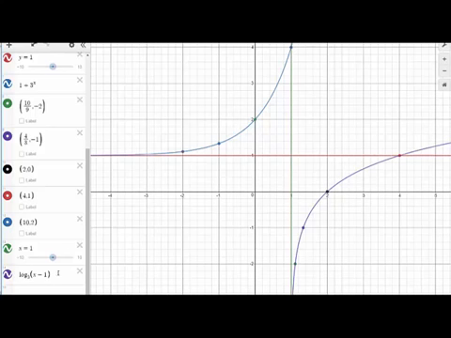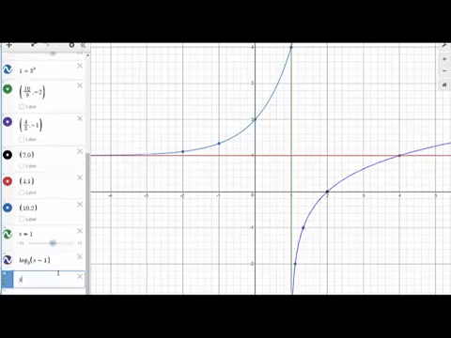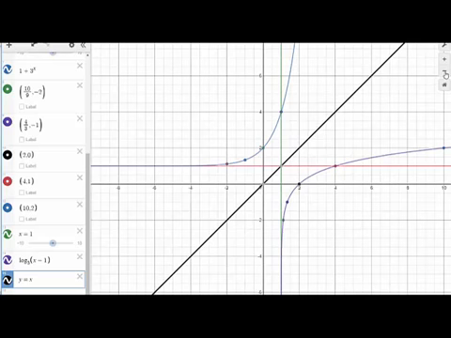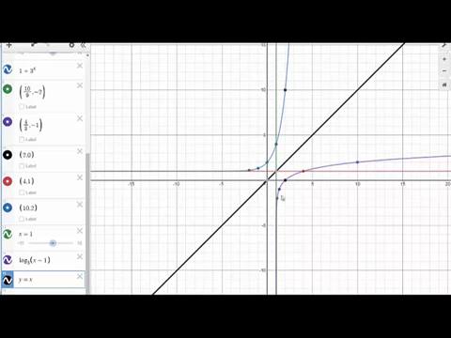And if you also graph the bisector of the first quadrant, y equals x, you can definitely see right here that the two curves are symmetric around that. And each one of the points has a corresponding point on the initial function that has the x and the y coordinates flipped. Now, in a later presentation we are going to learn how to find, from the initial function f of x, that is 1 plus 3 to the x, the corresponding inverse.